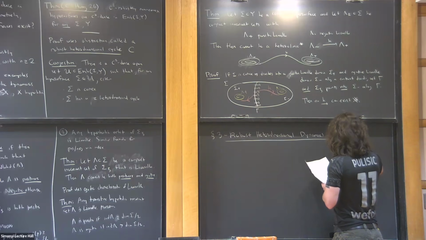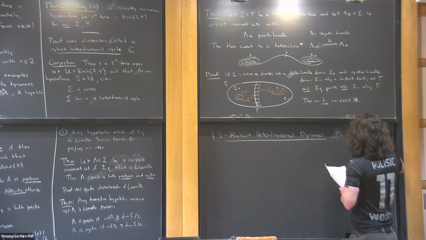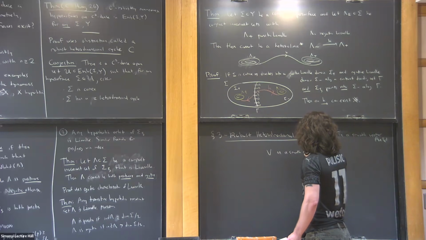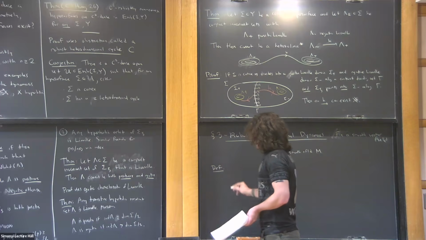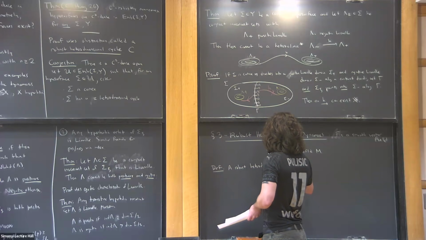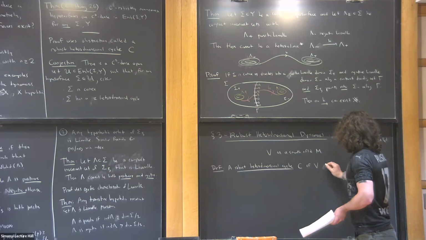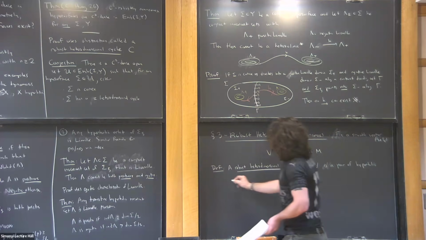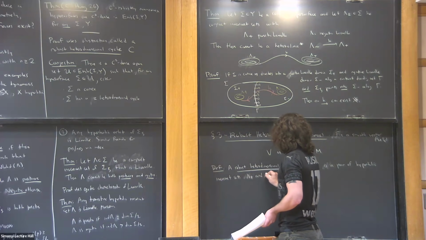Okay, so here, let's say we fix a smooth vector field V on a smooth manifold M. So a robust heterodimensional cycle C of V is a pair of hyperbolic invariant sets, maybe lambda plus and lambda minus, with heteroclinics.